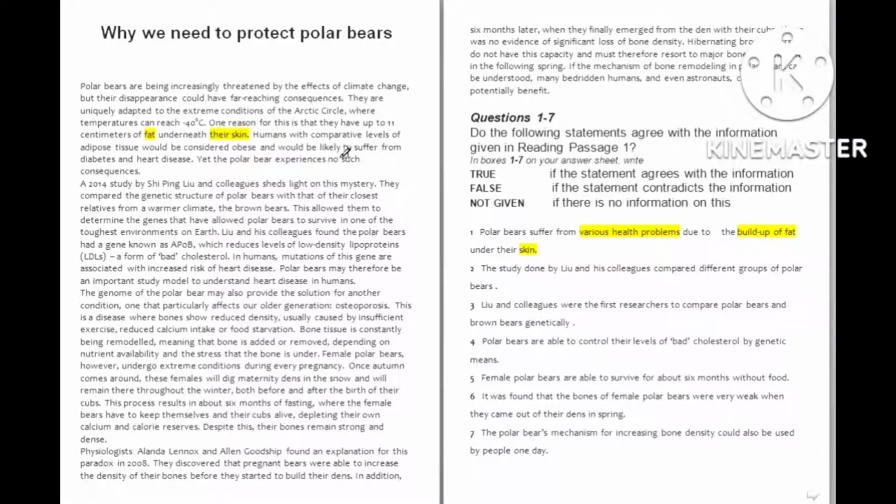Humans with comparable levels of adipose tissue would be considered obese and would be likely to suffer from diabetes and heart disease.